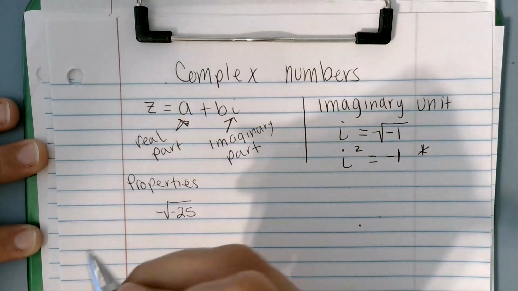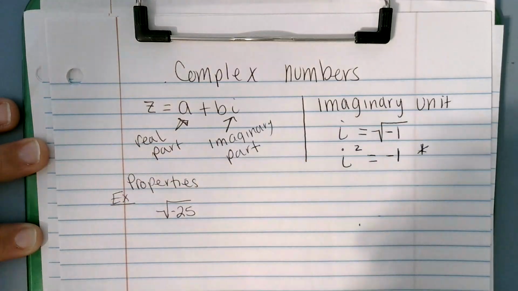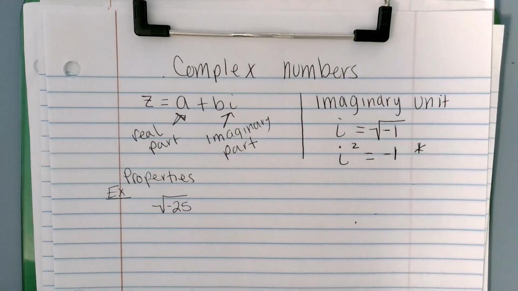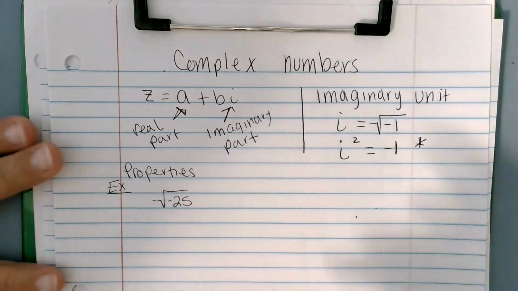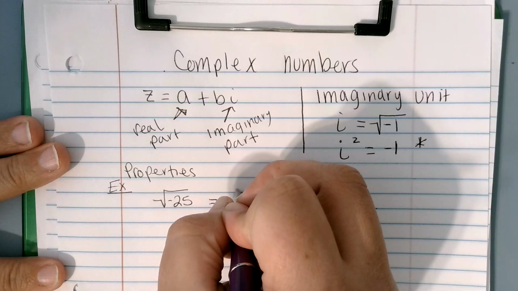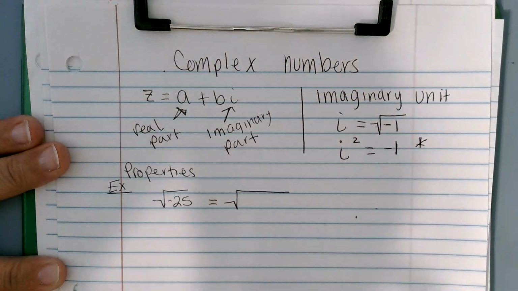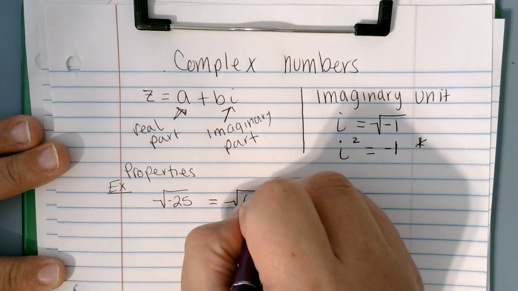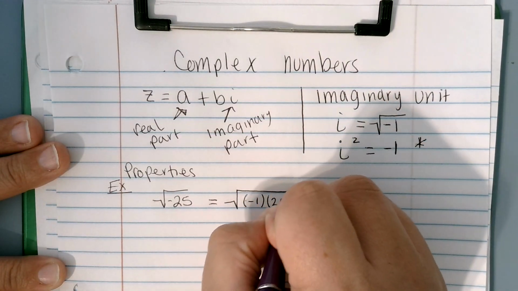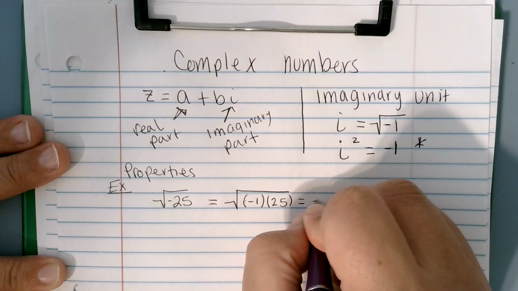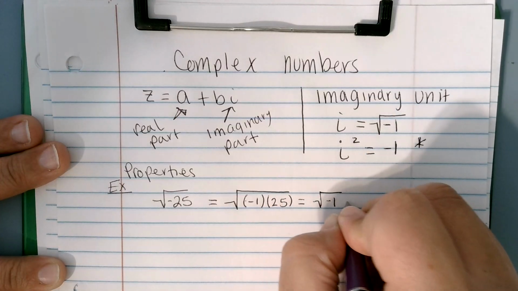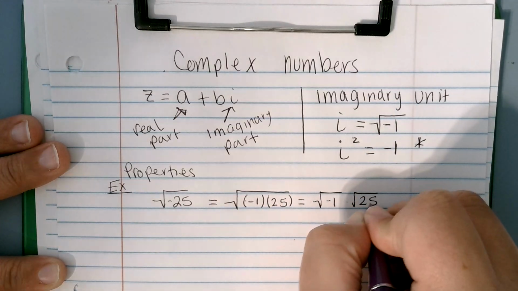So let's say we had an example here of the square root of -25. If you remember your square root rules, we can split this up as -1 times 25 and rewrite this as the square root of -1 times the square root of 25.